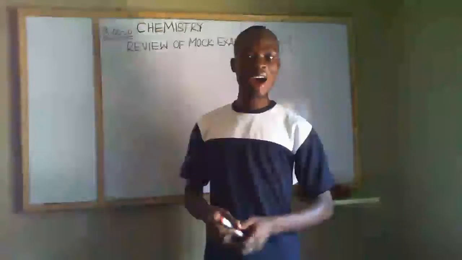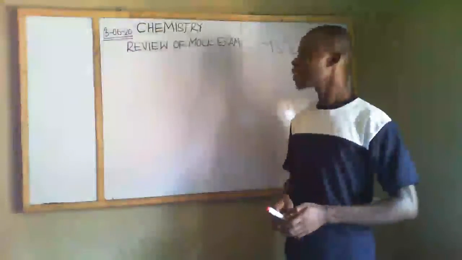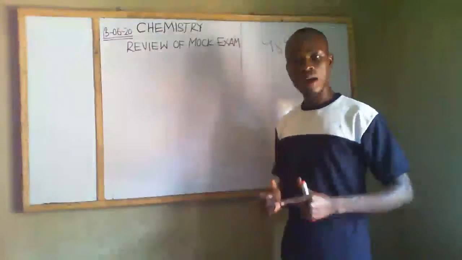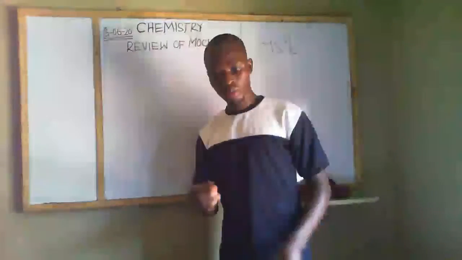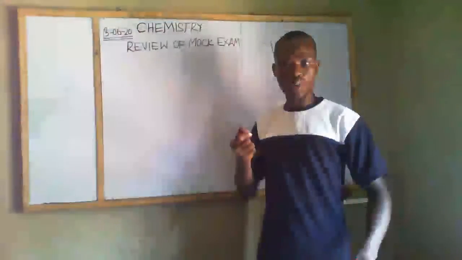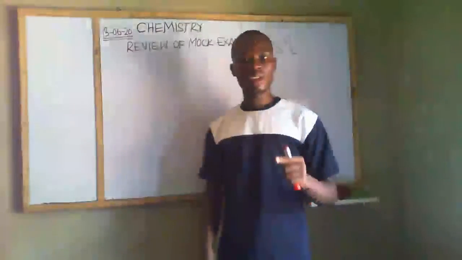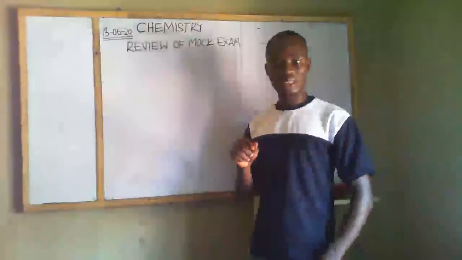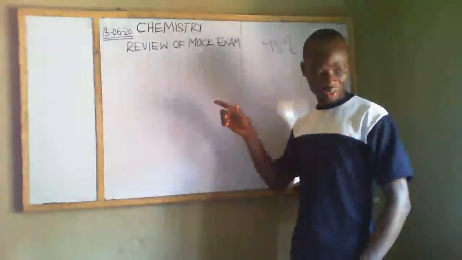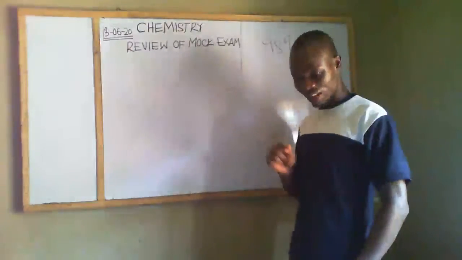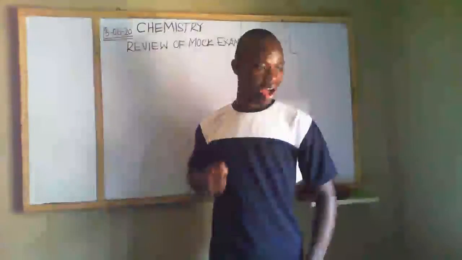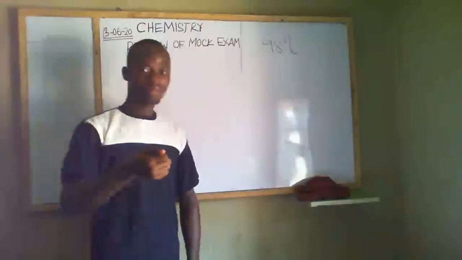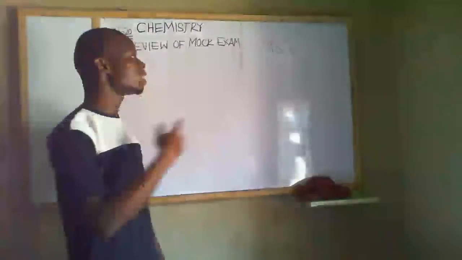Dehydration involves removal of water from a substance, in which the chemical nature of that substance changes at the end of the process. Please get it right: removal of water from a substance, which will eventually change the chemical nature of that substance.